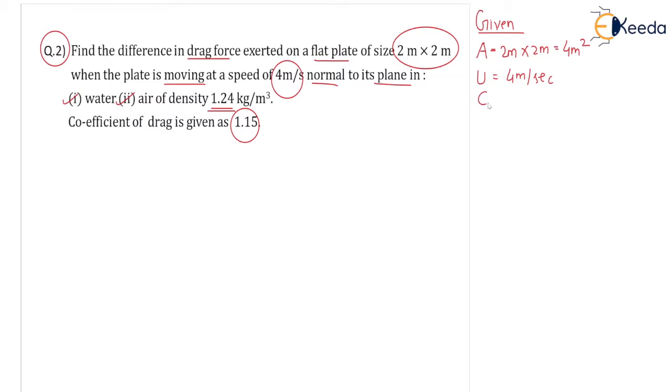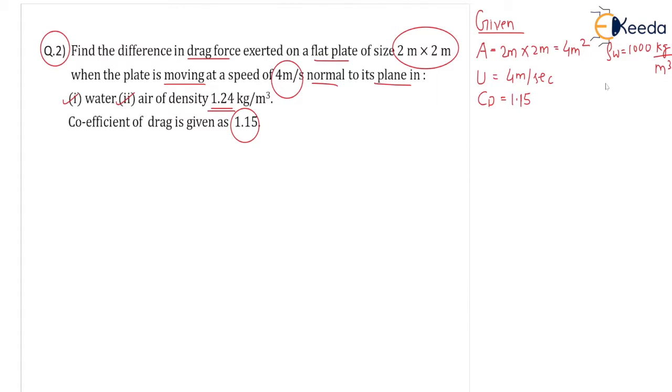So CD value is equal to 1.15 and density of water rho W is 1000. We know this. Even if it is not given, you can take this value.